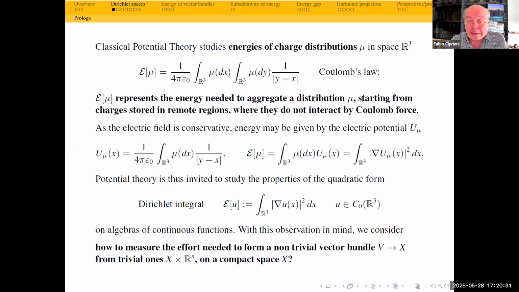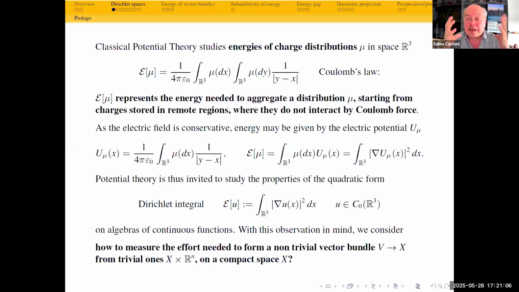And so by this formula here, one is invited to study this functional, the Dirichlet integral, as a functional of a function u, which can always be thought of as a potential, smooth or not. So study this functional, the Dirichlet integral, on algebras of continuous functions, for example.